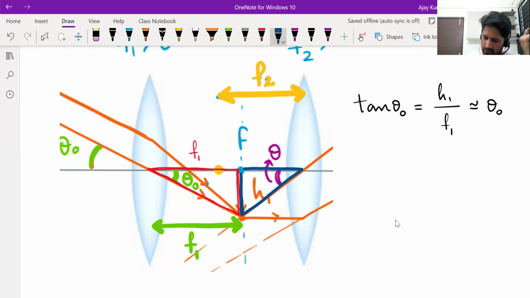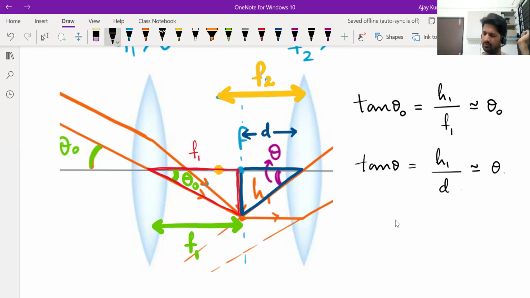So what we are going to do is call this distance small d. Small d is the object distance for the second lens. Now we can write tan theta as opposite side h1 divided by small d. And this is approximately equal to theta itself because they are actually small angles. Rishi, is this clear?